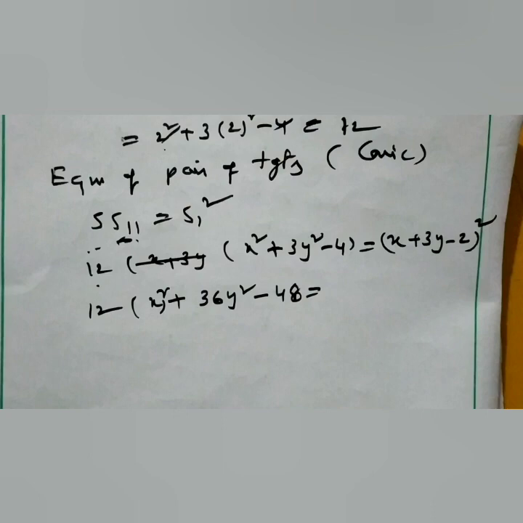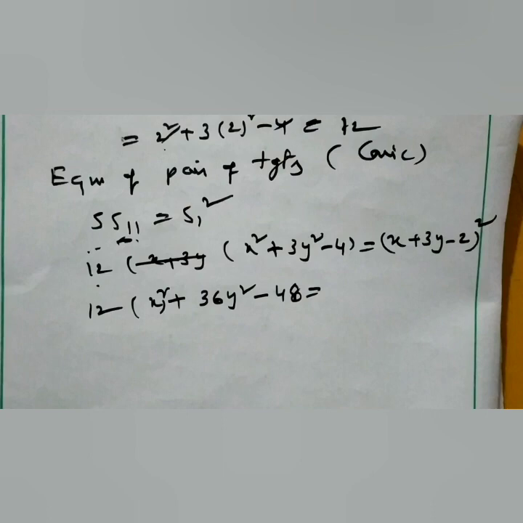So we get 12x square plus 36x square, that is 48x square, and minus 72x, and 36 minus 48, that is minus 12, is equal to 4x square plus 1 minus 4x. So here 48x square minus 4x square, 44x square, minus 72x plus 4x, minus 68x, minus 13 is equal to 0.